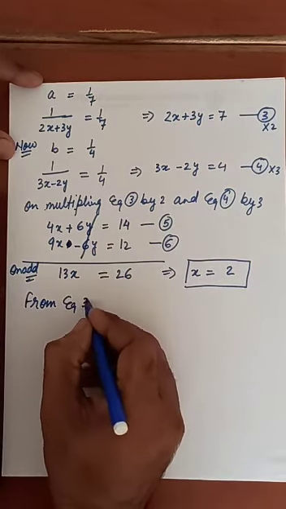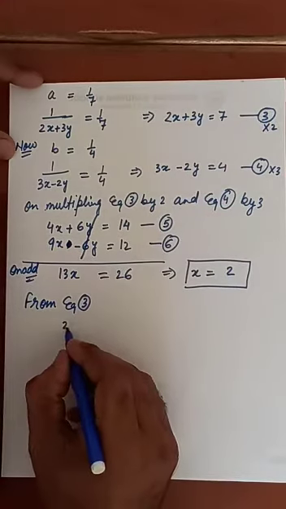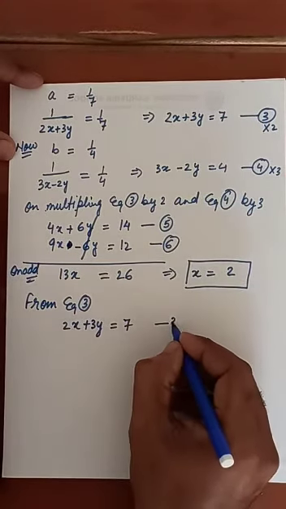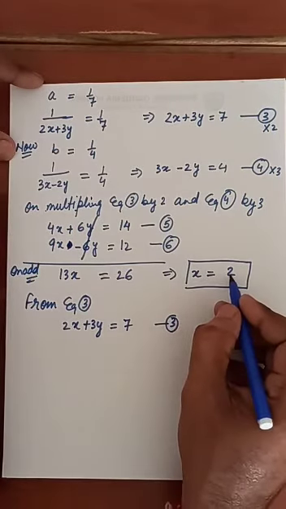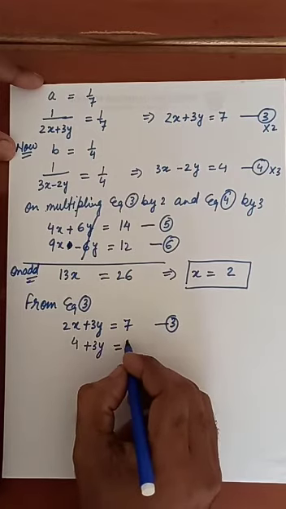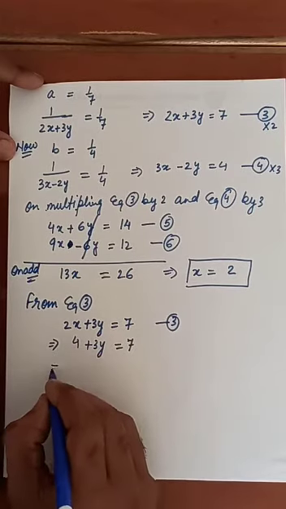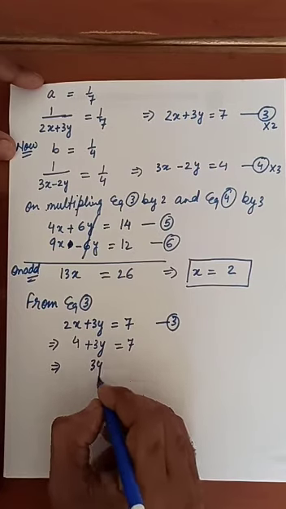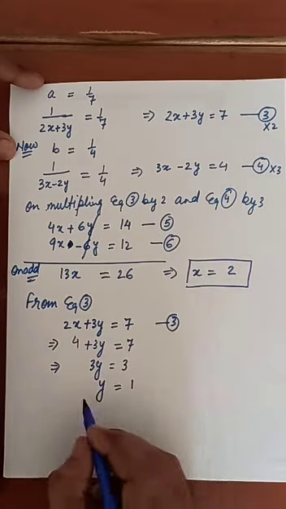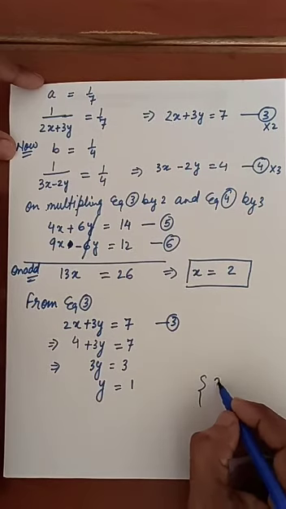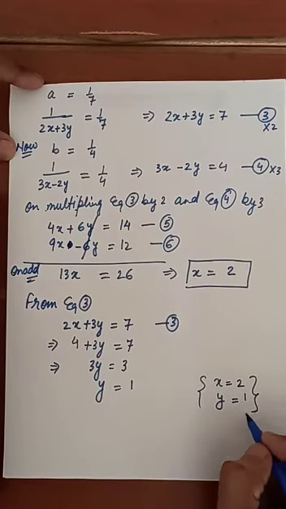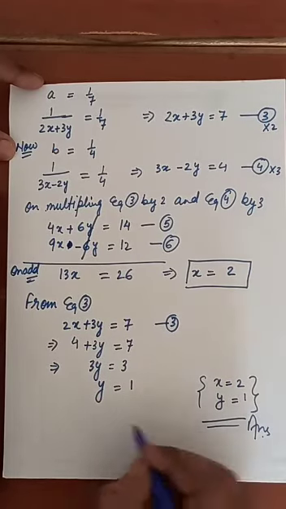From equation number 3, that is 2x plus 3y, that is equals to 7, we can put 2 at the place of x. So 2 into 2, that will be 4 plus 3y is equals to 7. So 4 can be transposed over there, then 3y is equals to 3 and the value of y is equals to 1. So here the value of x is equals to 2, and the value of y is equals to 1. It is your answer.